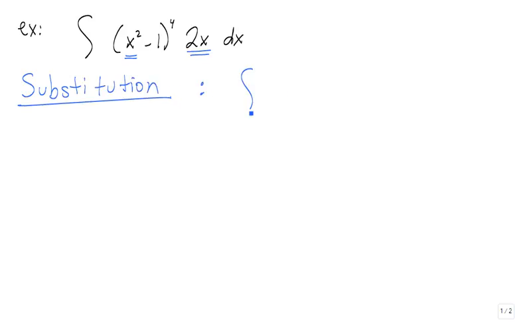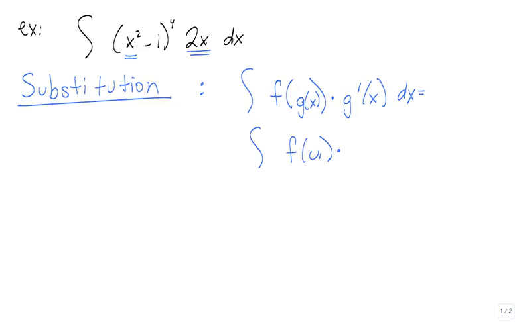And the way it works is that the integral of a function within a function, two functions composed with one another, and if you have the derivative on the outside, you can change all of this into the integral of f of u du, where u is the function g.